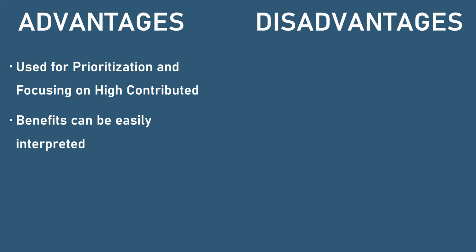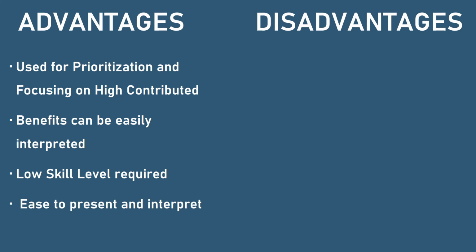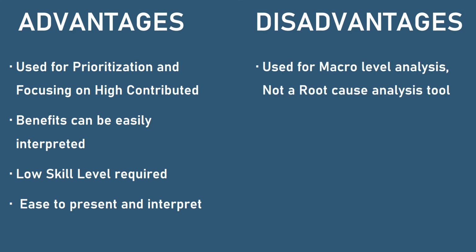So by only closing Mumbai, the benefit of closing 11% of pending applications will be achieved. In the same way, benefits can be easily interpreted, and very low skill level is required. Anybody can draw it after small training. It's very easy to present and interpret. This data can be presented to anyone. They can easily interpret the data, and it's used for macro level analysis.